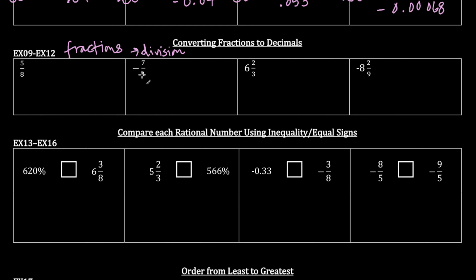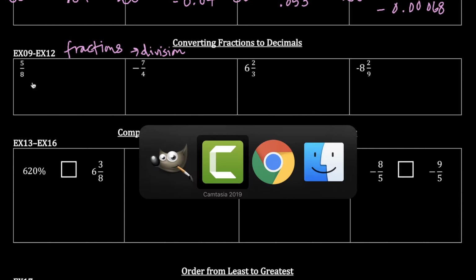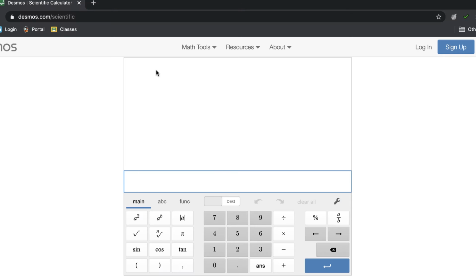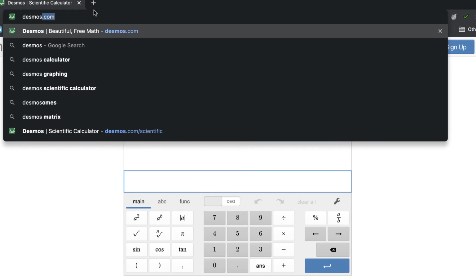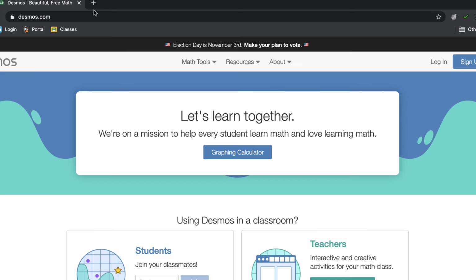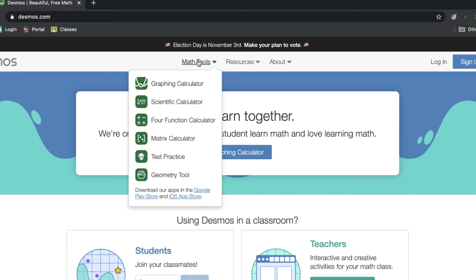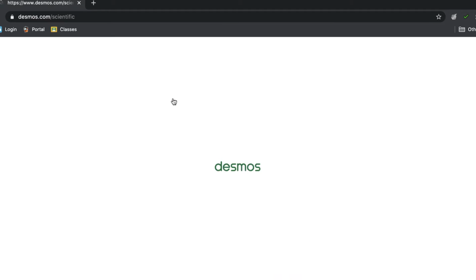So what I'm going to do is show you a website. This is 5 over 8. So I'm going to go to this website. Right here, you just go to desmos.com. And then you go to Math Tools right here. You go to Scientific Calculator.